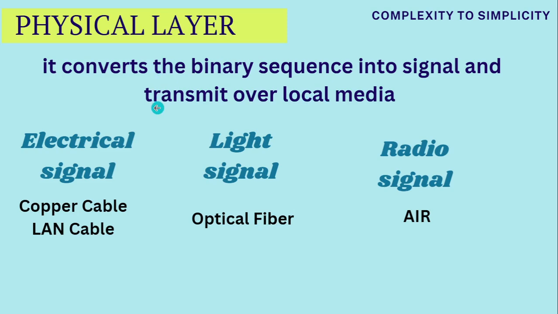Now it can be an electrical signal in the case of copper and LAN cable, it can be a light signal in the case of fiber optic, and it can be a radio signal in the case of air. So the signal generated by the physical layer depends upon the type of media used to connect two devices.